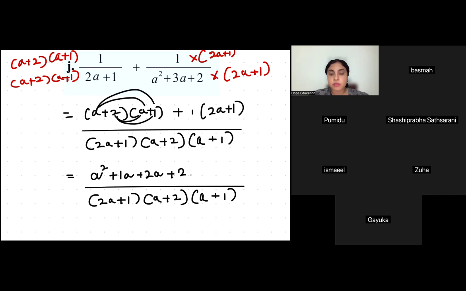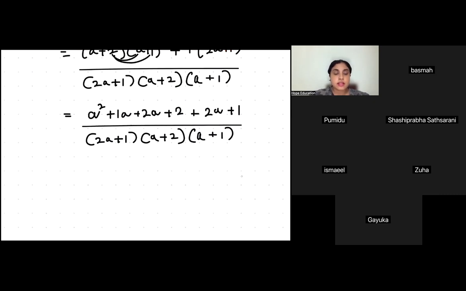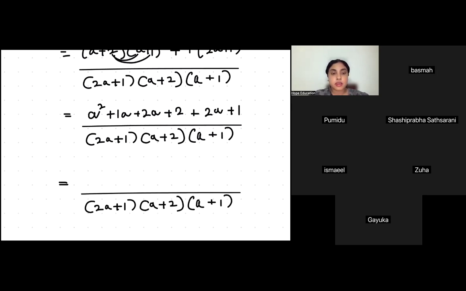Plus 1 times 2a is 2a. 1 times 1 is 1. All right. Then, same denominator, a squared plus 1a plus 2a is 3a. 3a plus 2a is 5a. Then 2 plus 1 is 3.